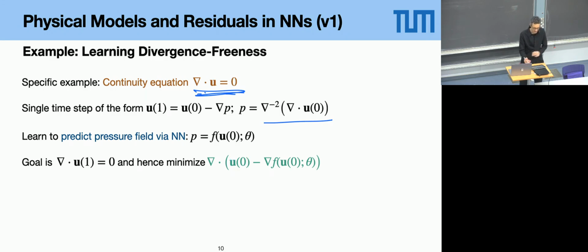Here, input meaning u of 0 times epsilon 0. We're just going from 0 to 1. And this u minus the gradient of whatever our f generates, that should be divergence free. So the divergence of all this should be equal to 0. So this is something we want to minimize.